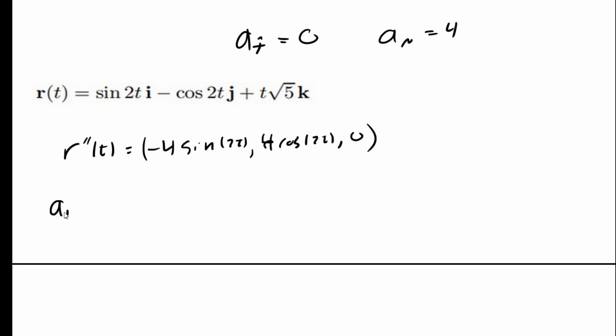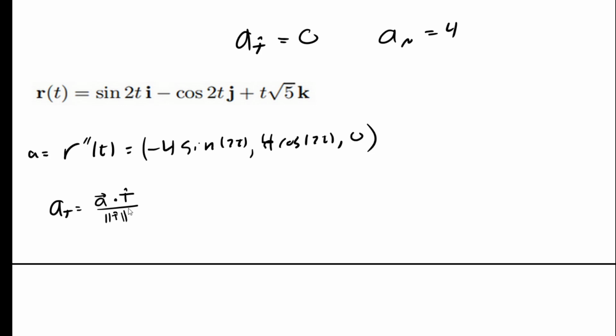So the projection onto the tangent vector, if you guys remember, is the acceleration, I'll call this A, dotted with the tangent vector over the norm of the tangent vector.